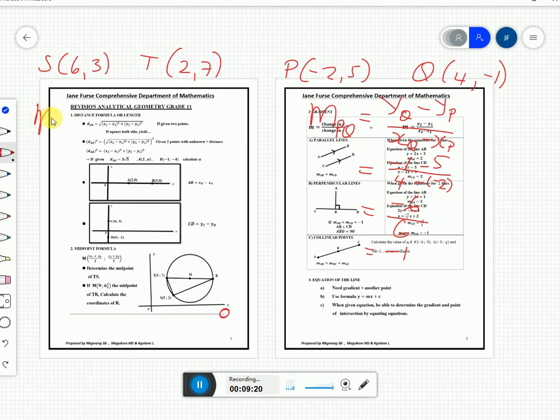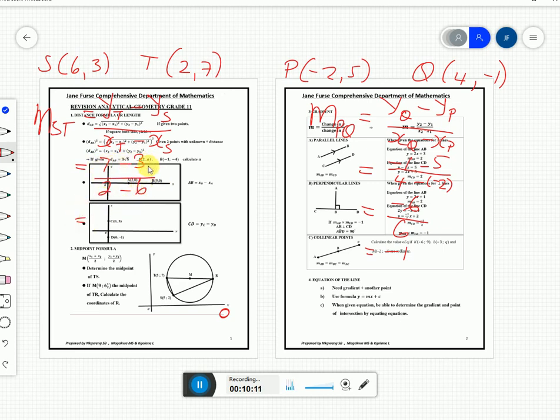We are also requested to find the gradient of ST. Look how we deal with this ST. You must write the formula down: the Y at T minus the Y at S divided by the X at T minus the X at S. The Y at T is 7, minus the Y at S, which is 3, divided by the X at T, which is 2, minus X at S, which is 6.